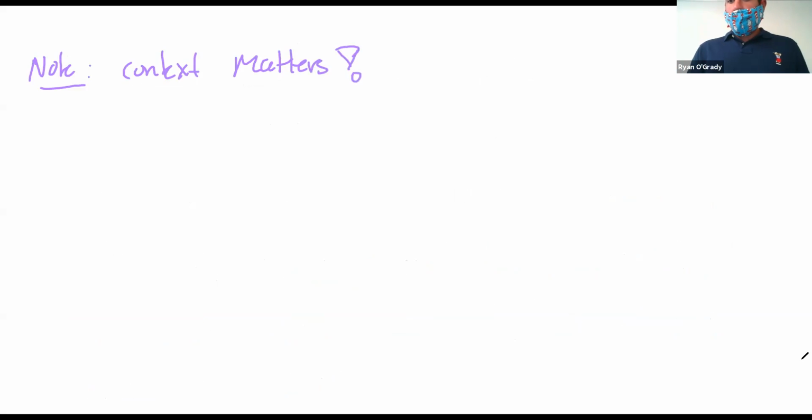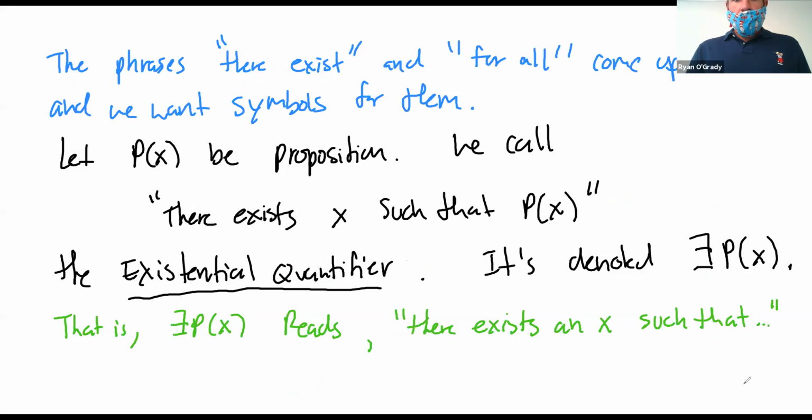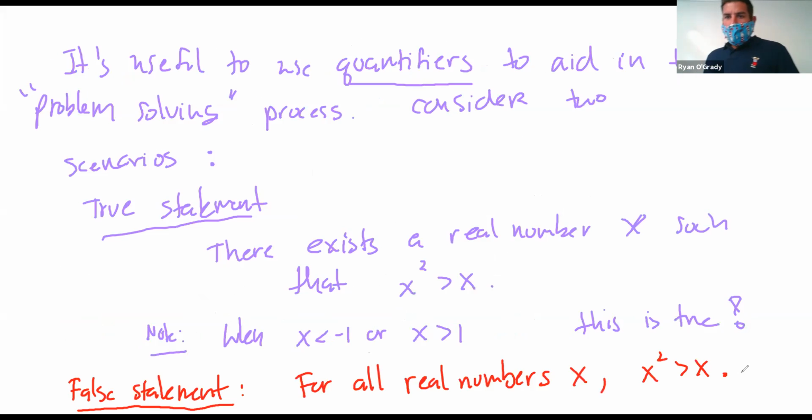So before we do anything, let's note: context matters. Now let me be very, very clear what I mean by this. Let's go back 2 or 3 pages. Notice that I was very clear on what I was expecting x to be. What was x?